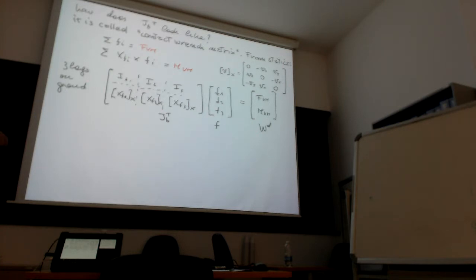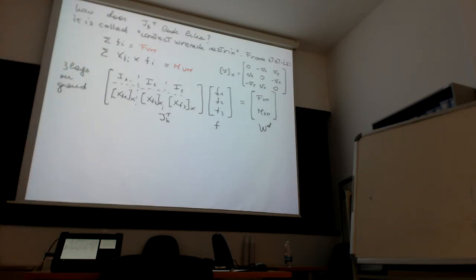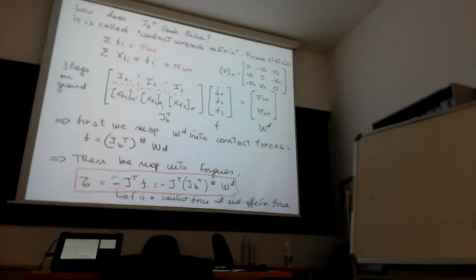This is an example with 3 legs on the ground, and in this case we have pure forces at the feet, so point feet with no moment. Think about a quadruped with 3 legs on the ground and point feet. The first step is to map this desired wrench, computed from the virtual stiffness and damper, into contact forces. Because the size of the forces is bigger than the size of the wrench, we have redundancy.